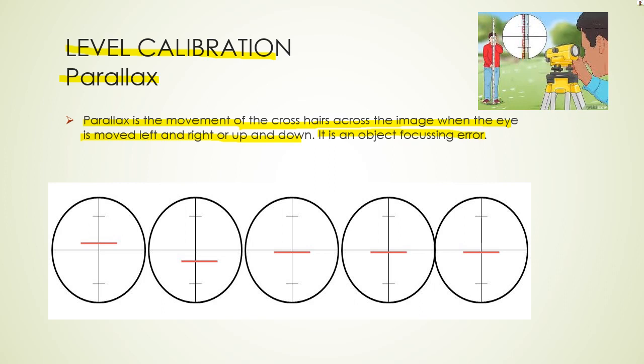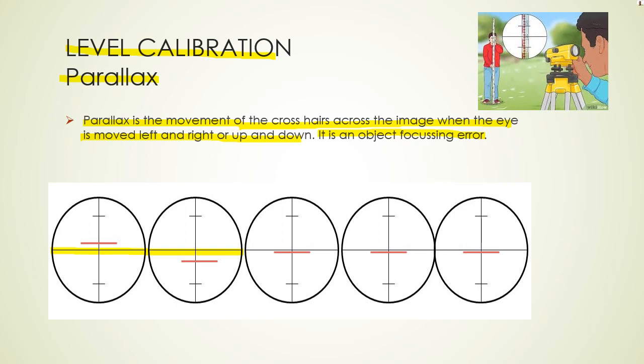So in this case, you can't take the reading consistently, because when you move your eyes up and down, you're going to see that the crosshair is moving as well. So for example, if you think that the level and the reading should be here, but when you move your eyes up and down, you see that now compared to the previous position, the elevation is changed.